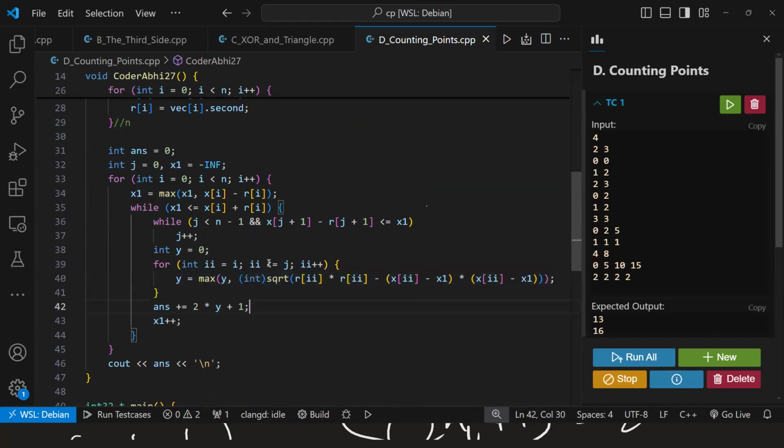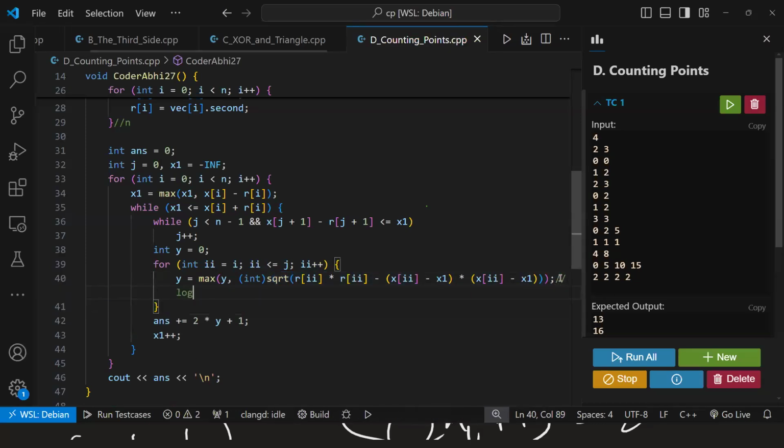And this sqrt function would take an extra, it's less than log of xi. Log of xi is a higher upper bound for that; it's actually more optimized than that. But okay, we can consider it as log of xi. That's the maximum, and this would be at max executed 2m times.